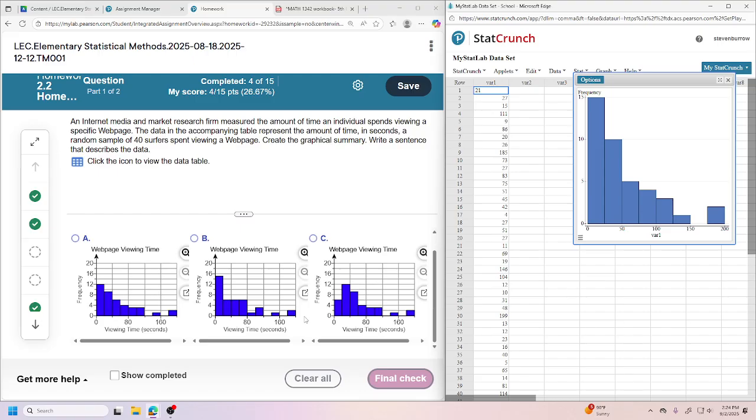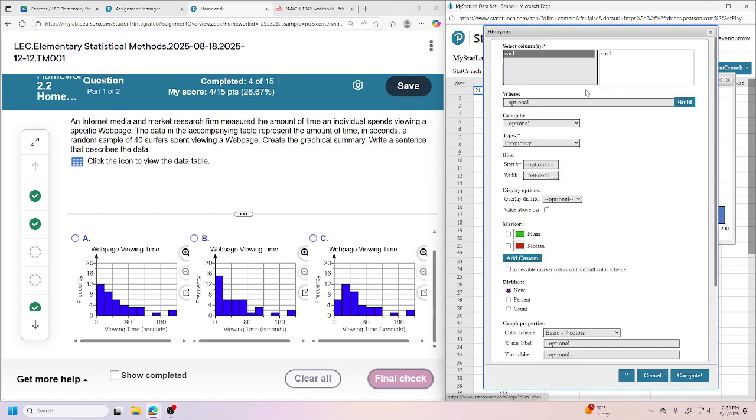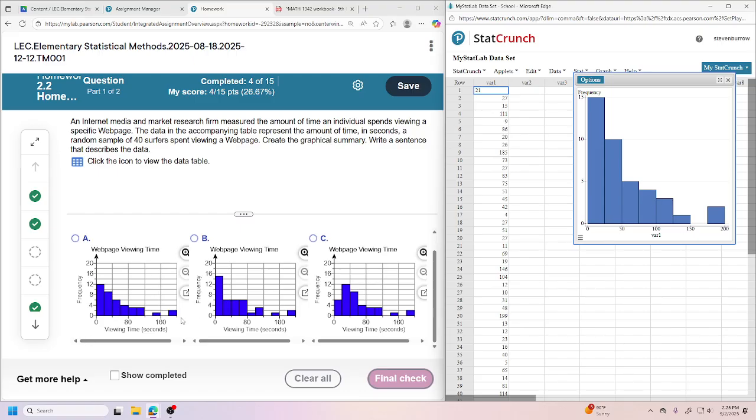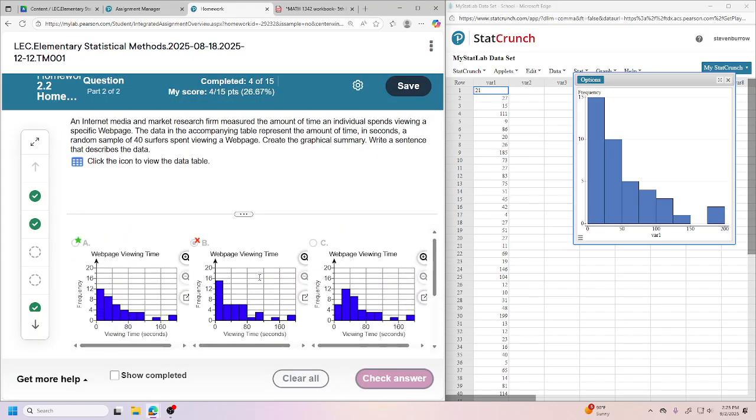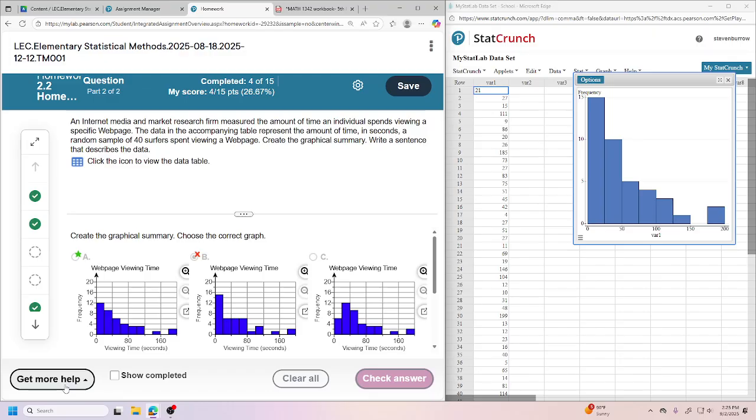Yeah, graph histogram, and then you click the var1 at the top and compute. So I click var1, I hit compute, and I get this thing. Is it perfectly one of these three? No. Can I take a guess though? Probably. What, you thinking B? B looks pretty good. Oh no! You see the problem here, right? It's not doing what I want.